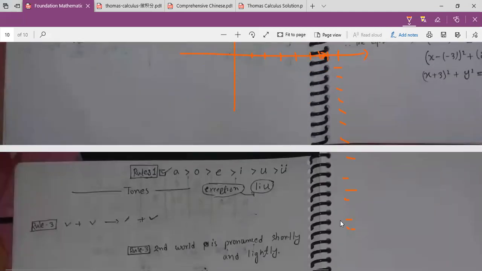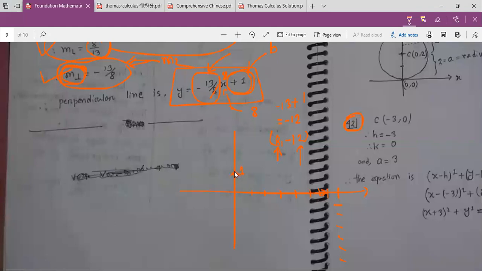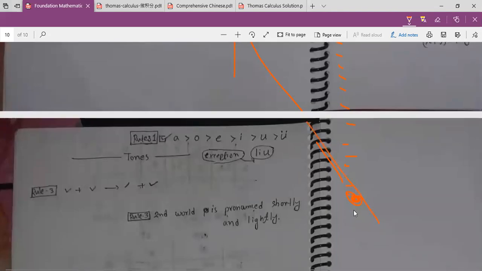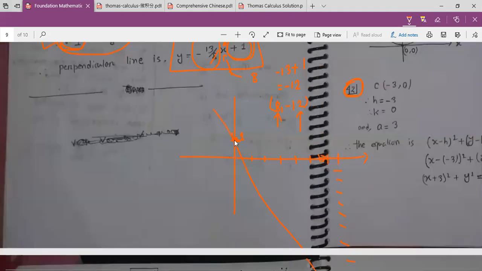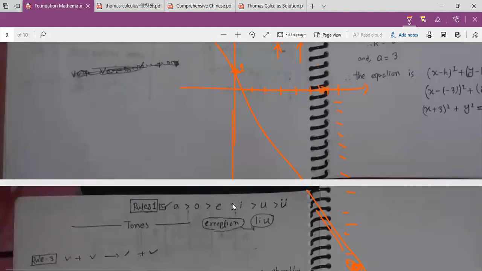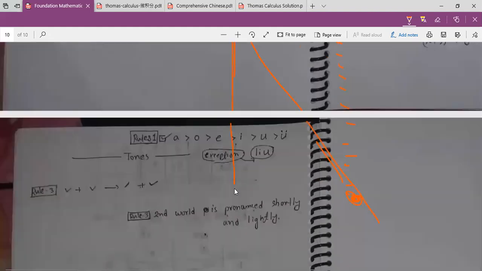Somewhere around here. So we have to connect these 2 points. Okay, this is our line. Nicely done. We need a big graph paper for this, maybe.